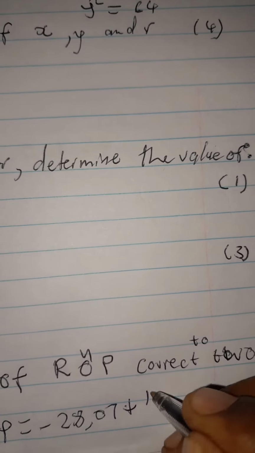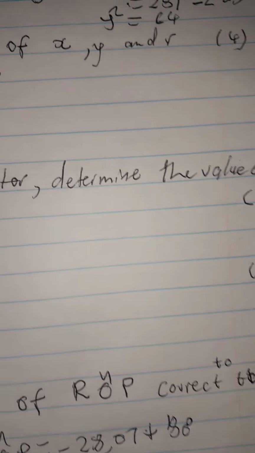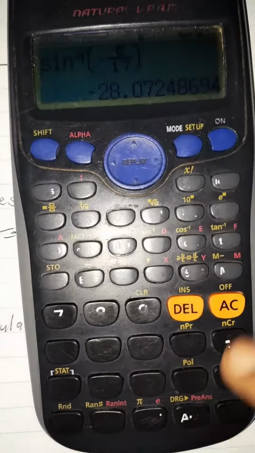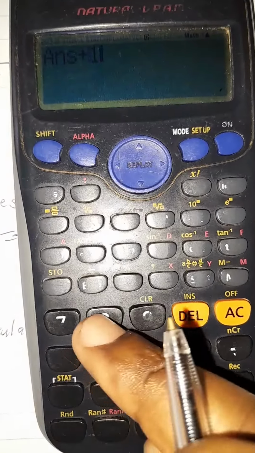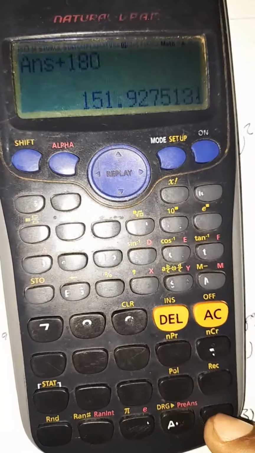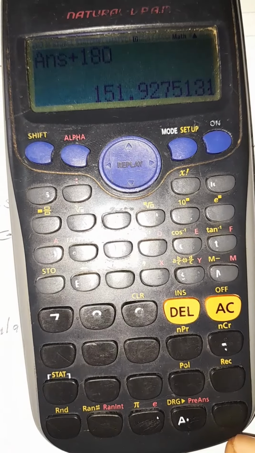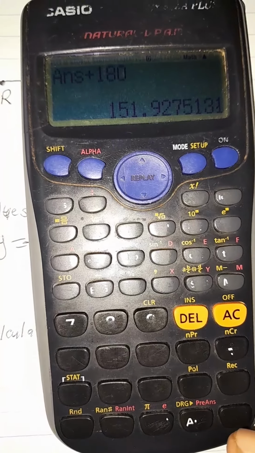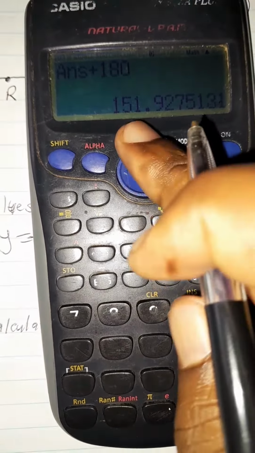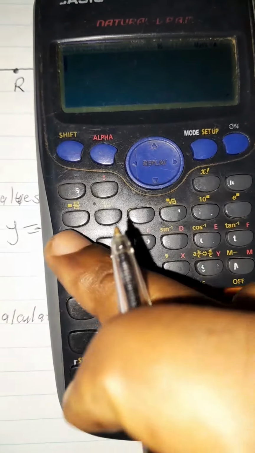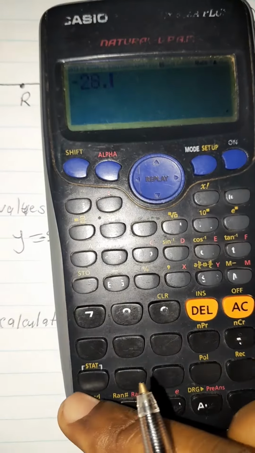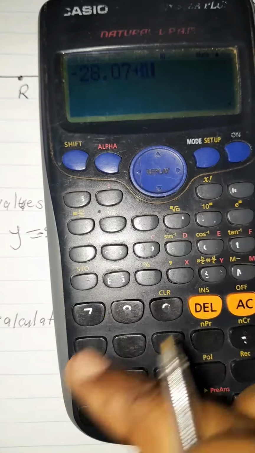So in this case, we are going to add 180 degrees. So let's add 180. We have negative 28,07 plus 180.